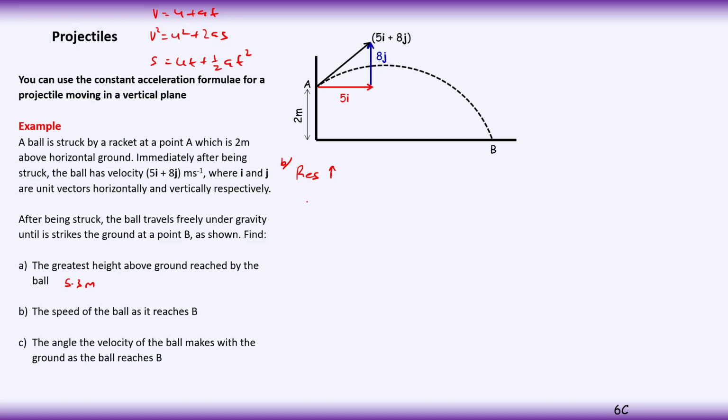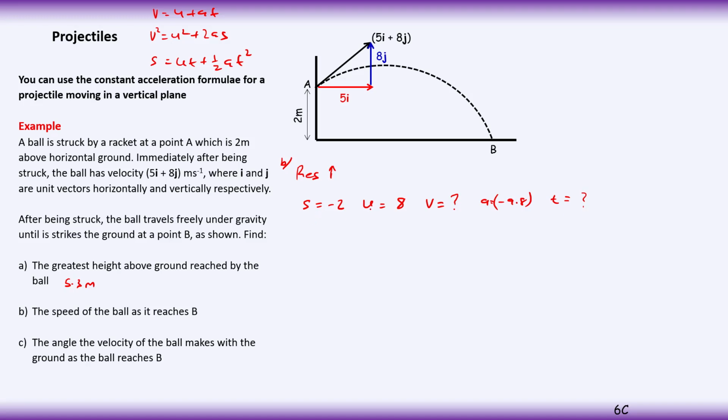So S, since we're resolving vertically, is minus 2 when it hits the ground, since it starts off at 2, it's minus 2 when it hits part B. U is equal to 8. V is what we're trying to find. A is equal to minus 9.8. And T is an unknown quantity.